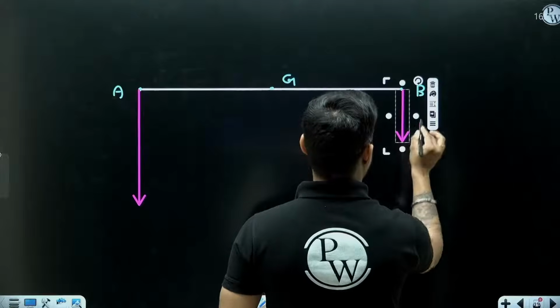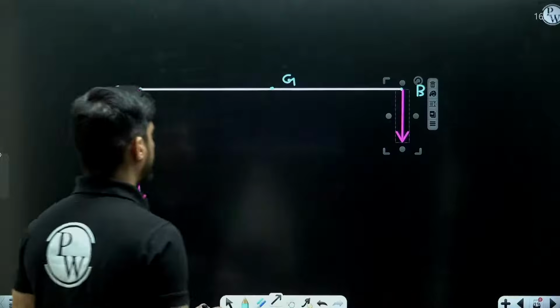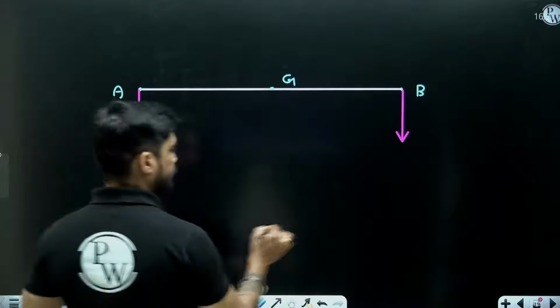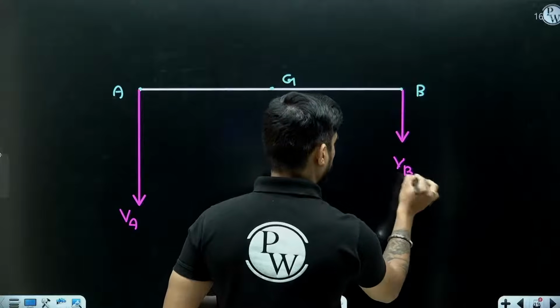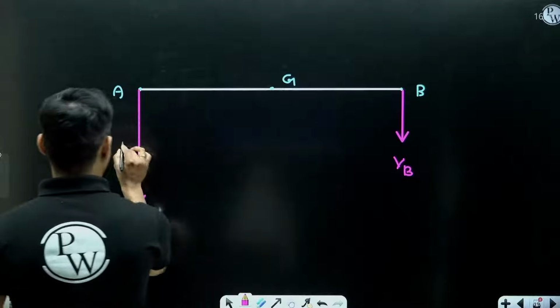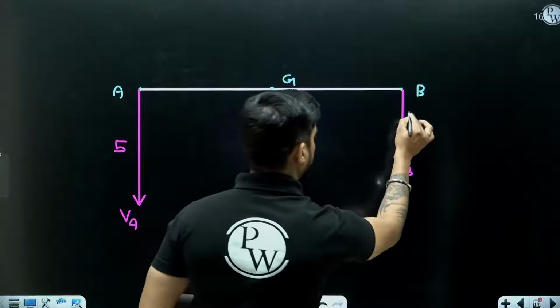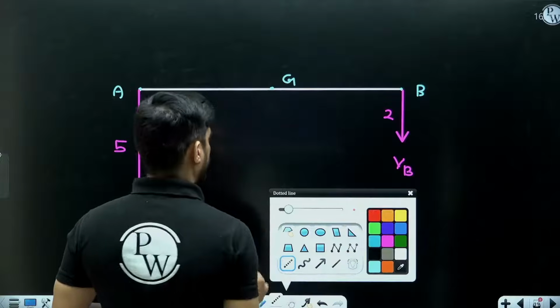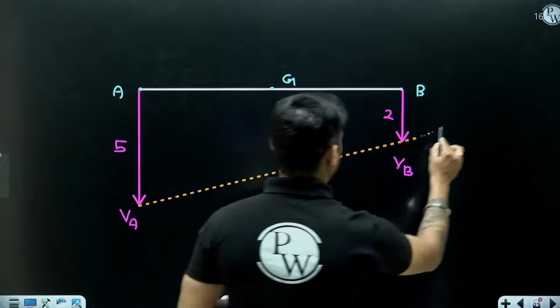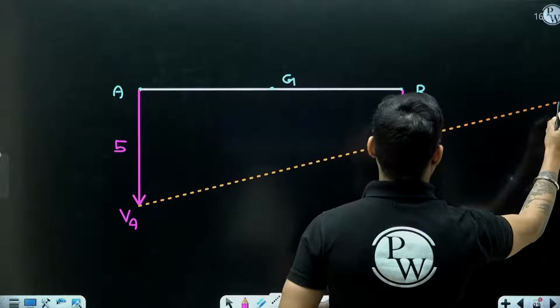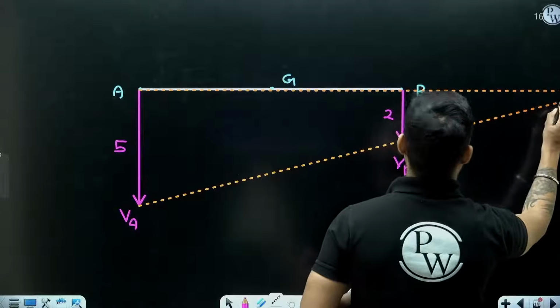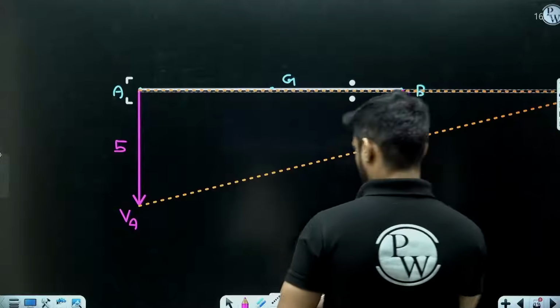So this is case number 2 because both the velocities are vertical. This is 5, this is 2. So how will we find the eye center? One line joining this, another line joining this. So somewhere here will be your eye center.